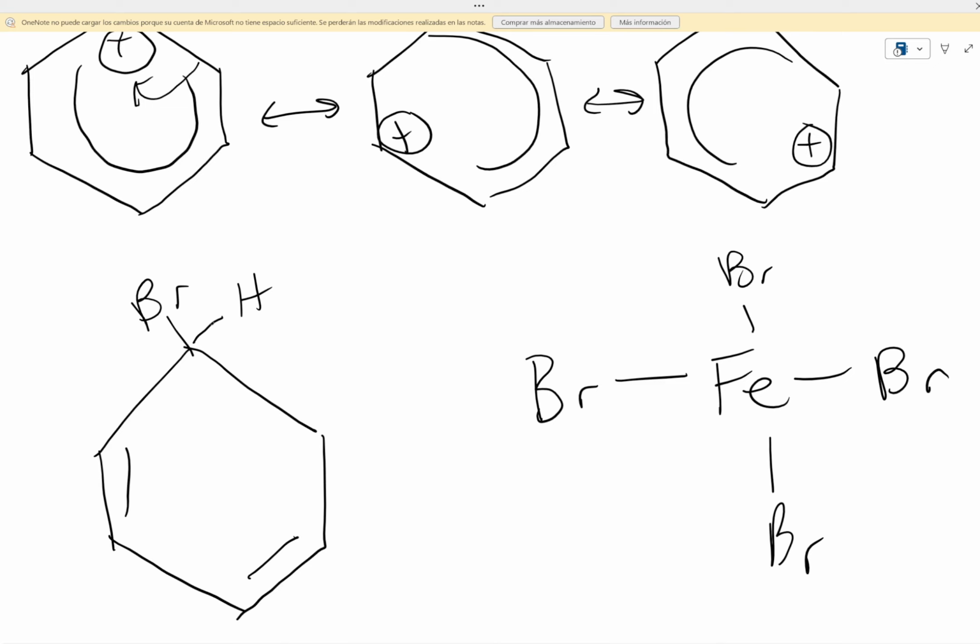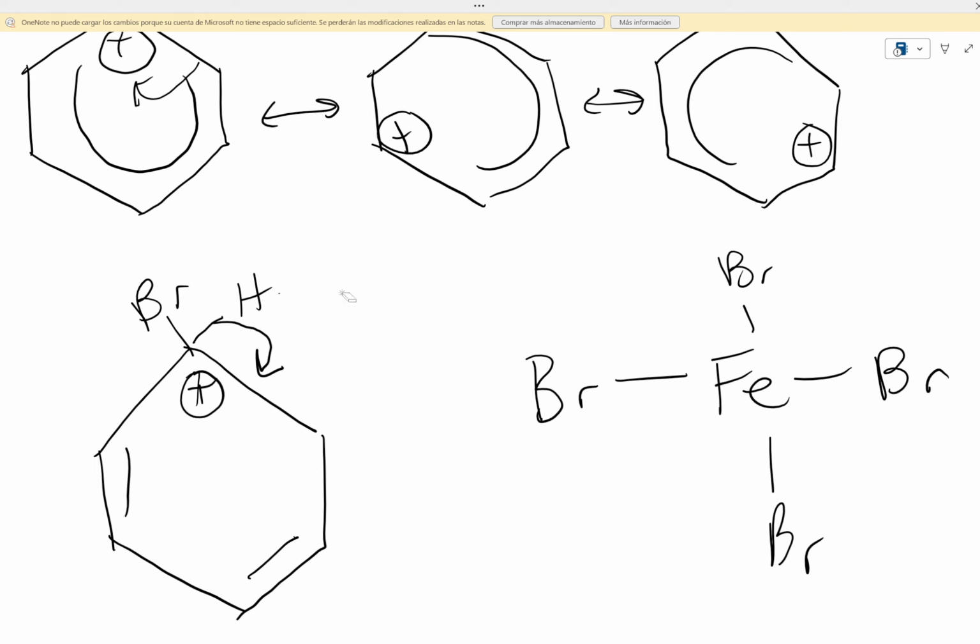What's going to happen is that the bonded electrons in the carbon to hydrogen bond will be redonated to the ring in order to dampen that positive charge. We can see that there. Then when the hydrogen leaves as a proton, this proton is going to be added to the bromine.